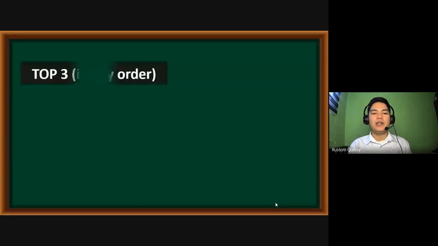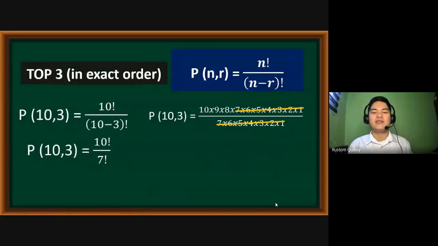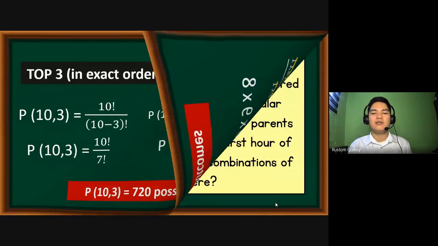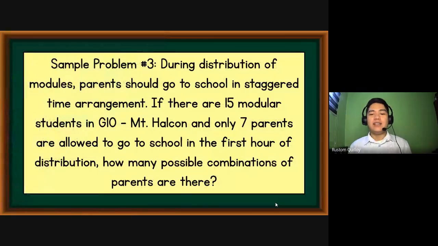Okay, example number 3. During distribution of modules, parents should go to school in a staggered time arrangement. If there are 15 modular students in Grade 10 Mount Halcon and only 7 parents are allowed to go to school in the first hour of distribution, how many possible combinations of parents are there?